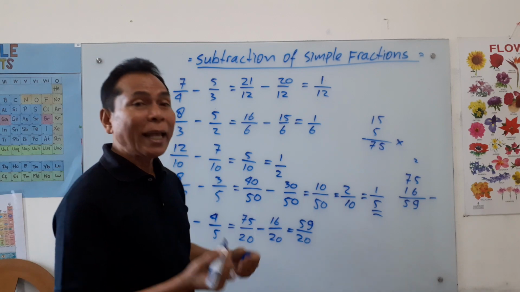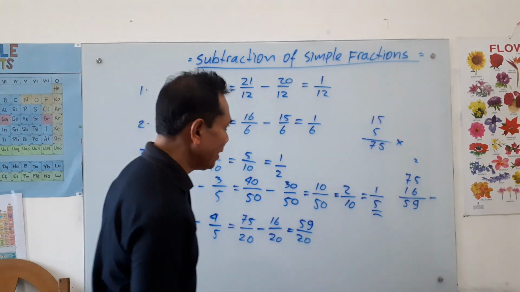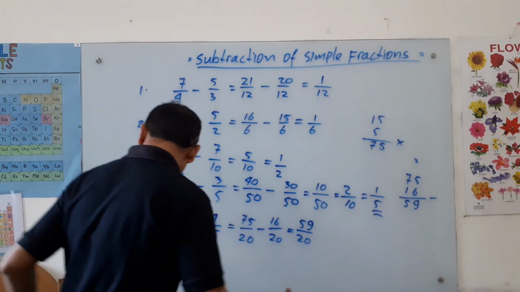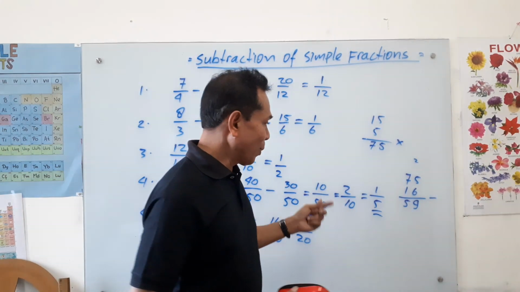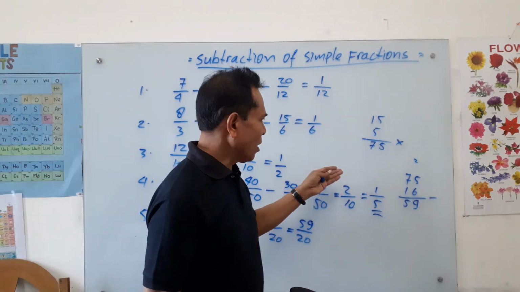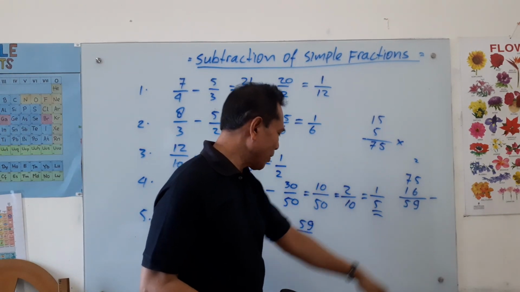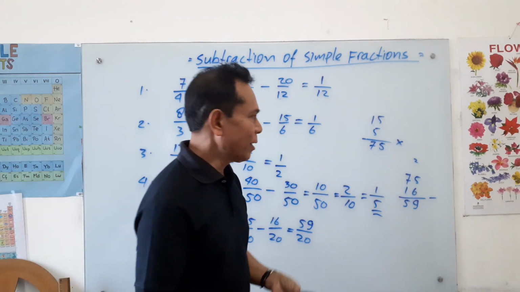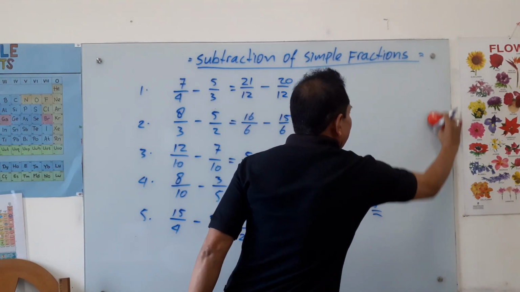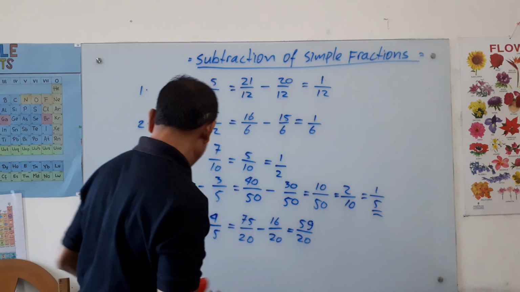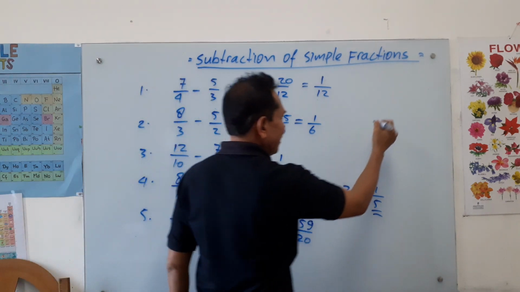How to simplify this? We need to do it manually. I show you. So you need to know how to work out all these simple calculations with multiplication, subtraction, division manually. You really need to know how to do it manually. So look here, children. We do it manually. We take 59.